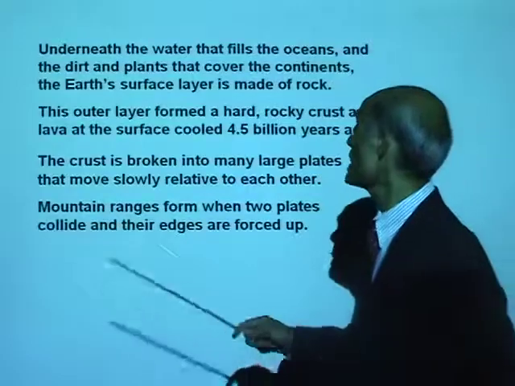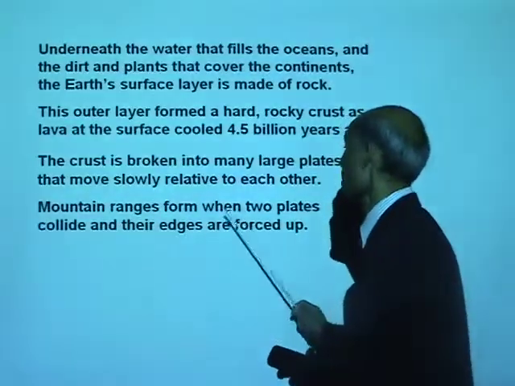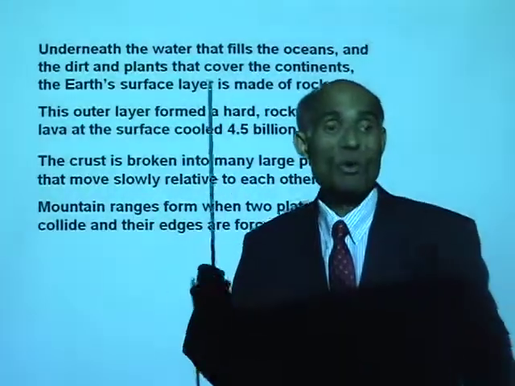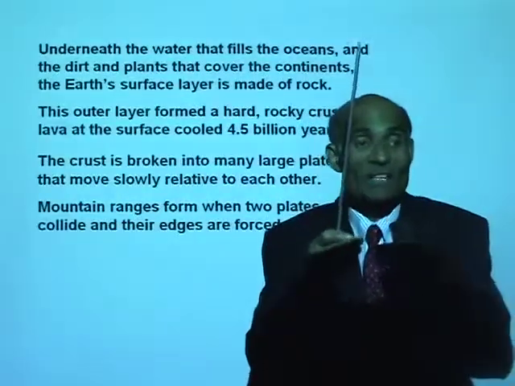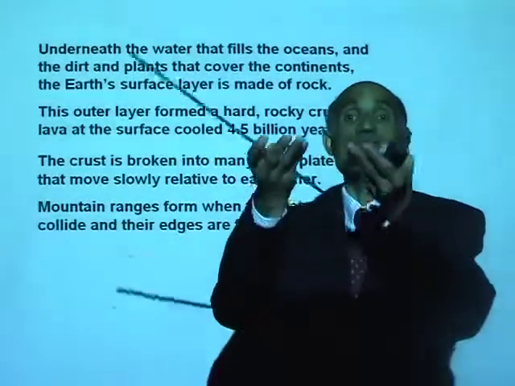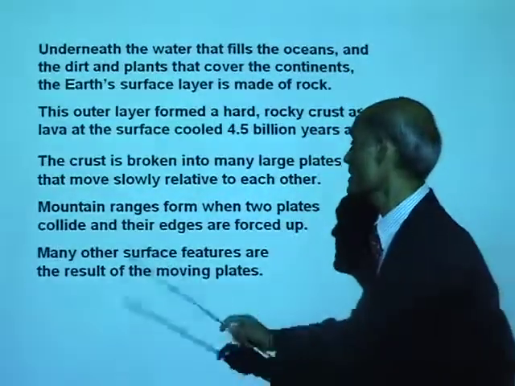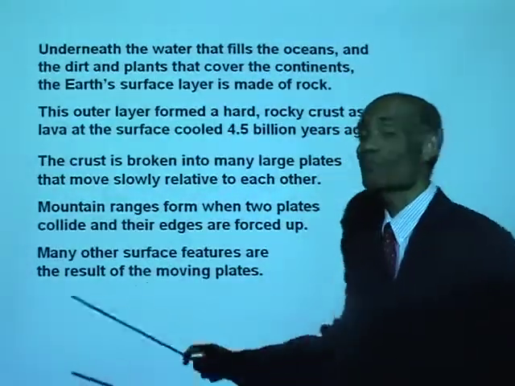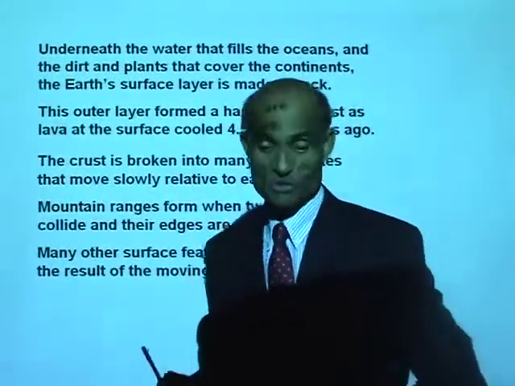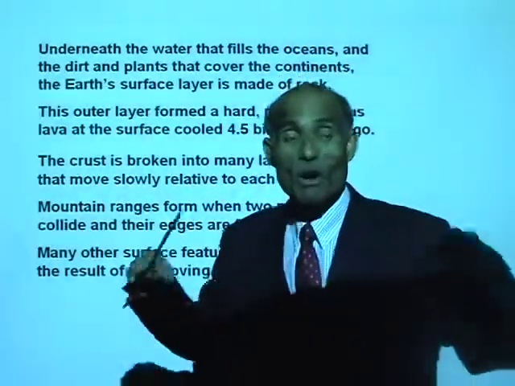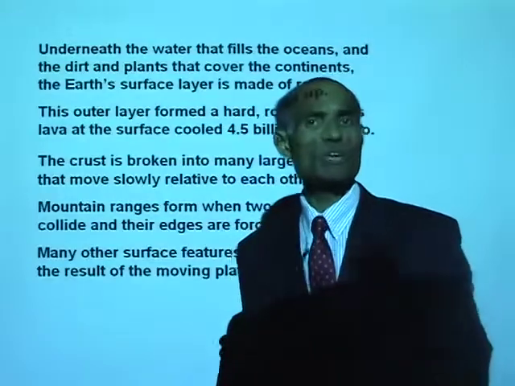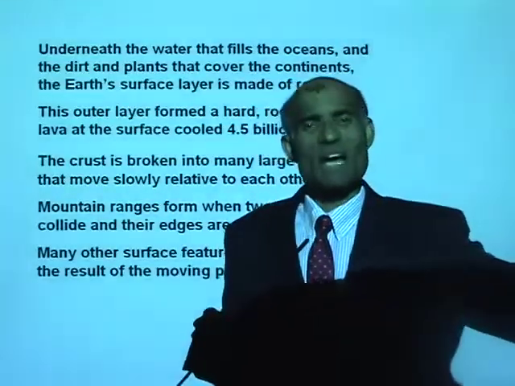Now, the mountain ranges form when two plates collide and their edges are forced up. You see, one way to form mountains. Many other surface features are the result of these moving plates. So today we will look at many of these changes. In fact, we looked at many of these changes in the last lesson.